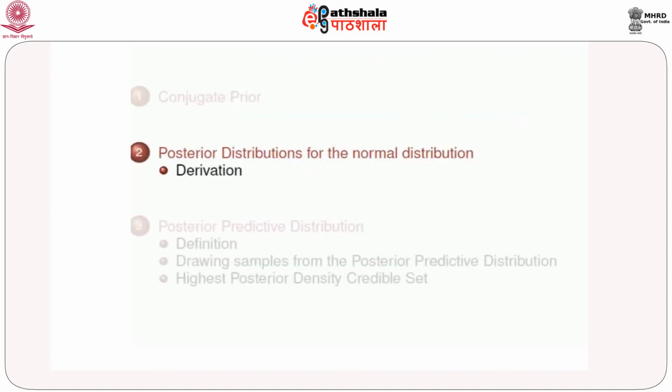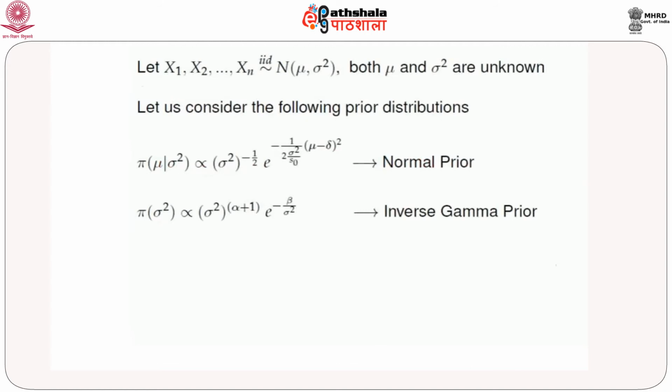So, we next look at the derivation of the posterior distribution for the normal distribution when both mu and sigma square are unknown. So, we have x1, x2, xn IID observations from normal mu sigma square where both mu and sigma square are unknown. So, we consider the following prior distributions.